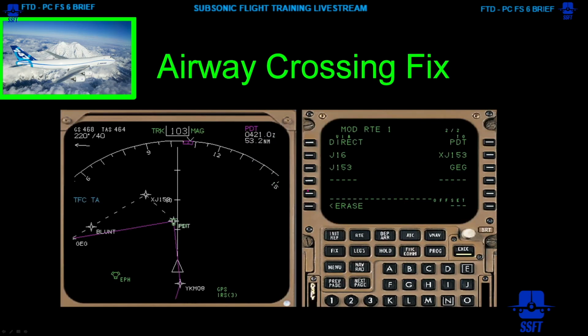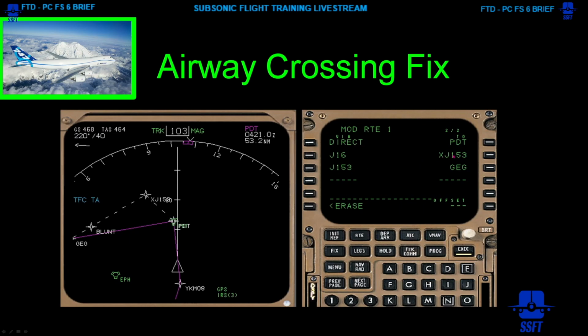And so when we put that in, the computer will look at its database and say, do I have a name for J16 crossing J153? And if it does have a name, if it's a named waypoint, it'll put that name in. If it doesn't, it's going to create a waypoint there. And it says XJ153.